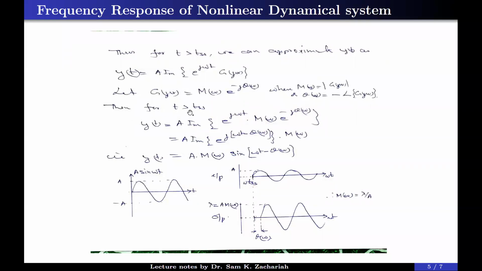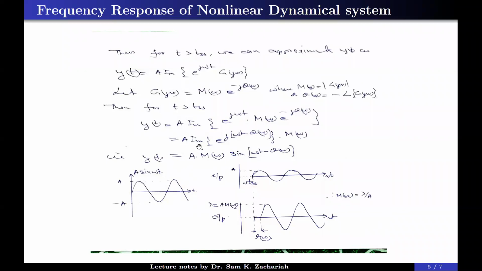So for t greater than TSS, yt is equal to A imaginary, substituting for g of j omega, e raised to j omega t, m omega e raised to minus j theta omega. And m omega is a real number, so you can take it outside: A m omega imaginary of e raised to j omega t minus theta omega.